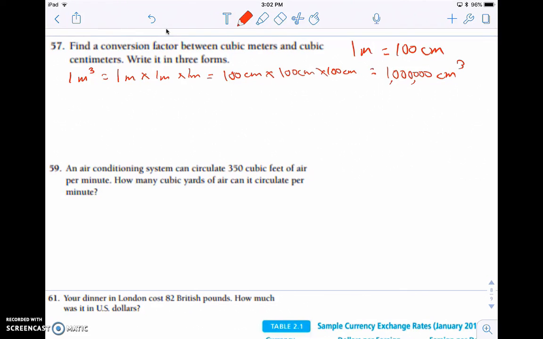So 1 cubic meter is going to be 1 million cubic centimeters.